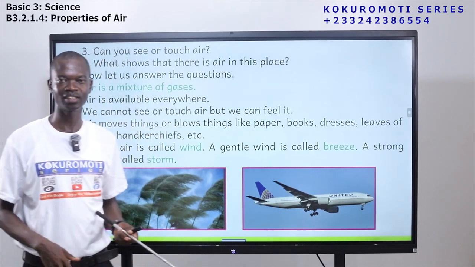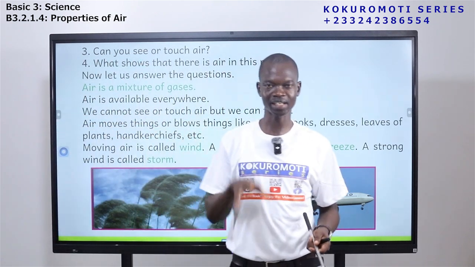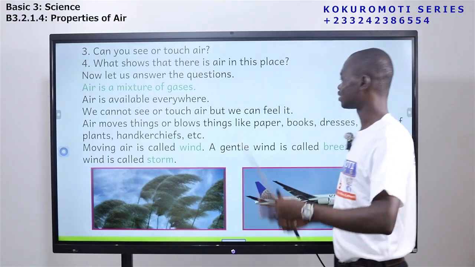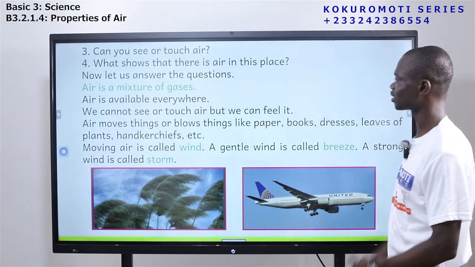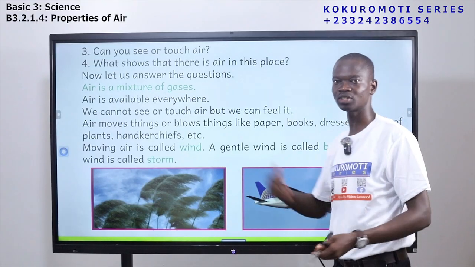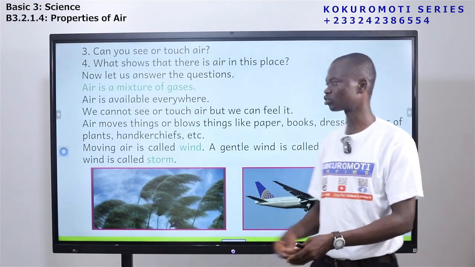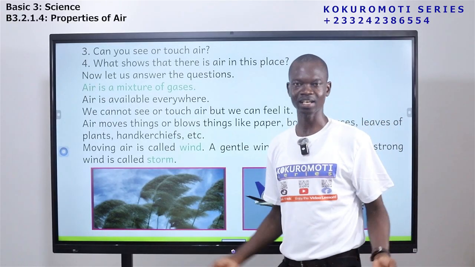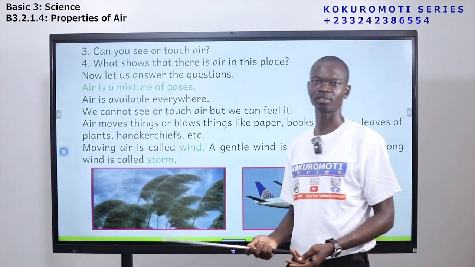Sometimes you see papers, books, dresses, leaves and handkerchiefs moving here and there, and that happens as a result of air. When the air blows, it can carry anything that has light weight away.